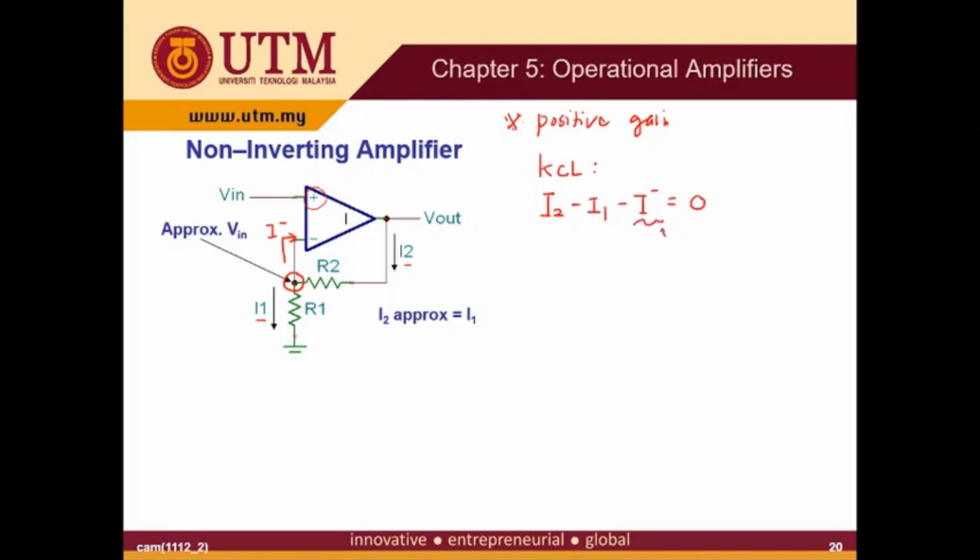I minus is 0 because the input current of the op-amp is 0 due to the infinite input impedance.